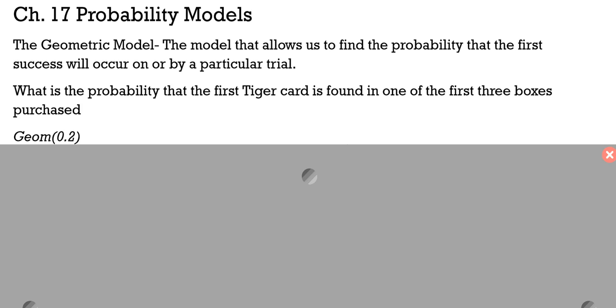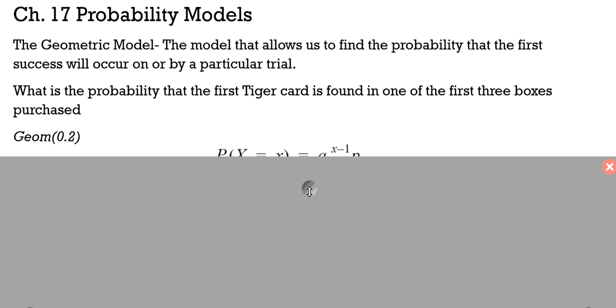Right? So if we were to look at this and make it slightly different, what's the probability that the first Tiger card is found in one of the first 3 boxes purchased? Okay? We're still using the geometric model with 0.2 because that's the probability of success, right?